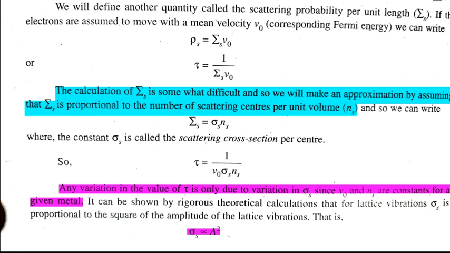Sometimes you can refer to it as the Fermi velocity as well, no problem. Anyway, that velocity should be multiplied by the scattering probability per unit length, that is sigma suffix s. Scattering probability per unit length.